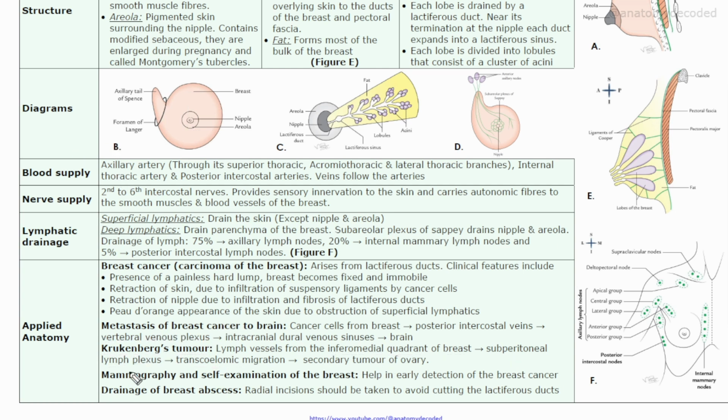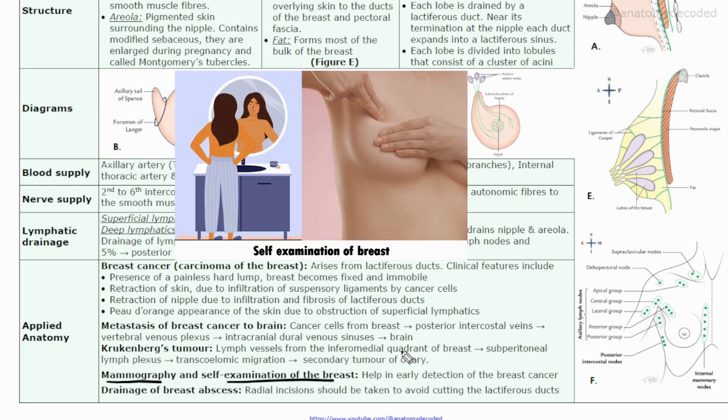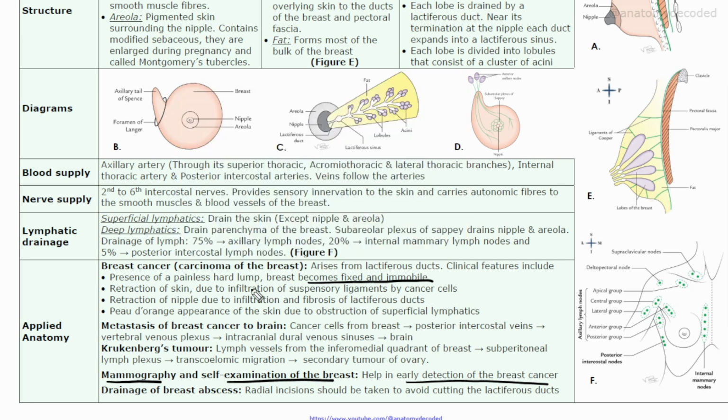Then mammography and self-examination of the breast are recommended for early detection of breast cancer. As we can see in the clinical features, the breast becomes fixed and immobile, so these things can be identified by breast self-examination, which should be encouraged in females. And there may be an abscess in the breast, and for drainage of the abscess, radial incisions are to be taken.